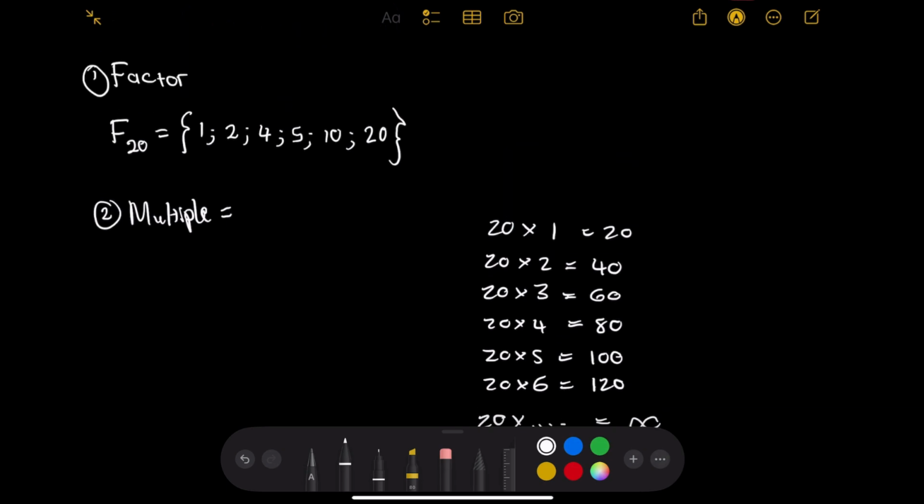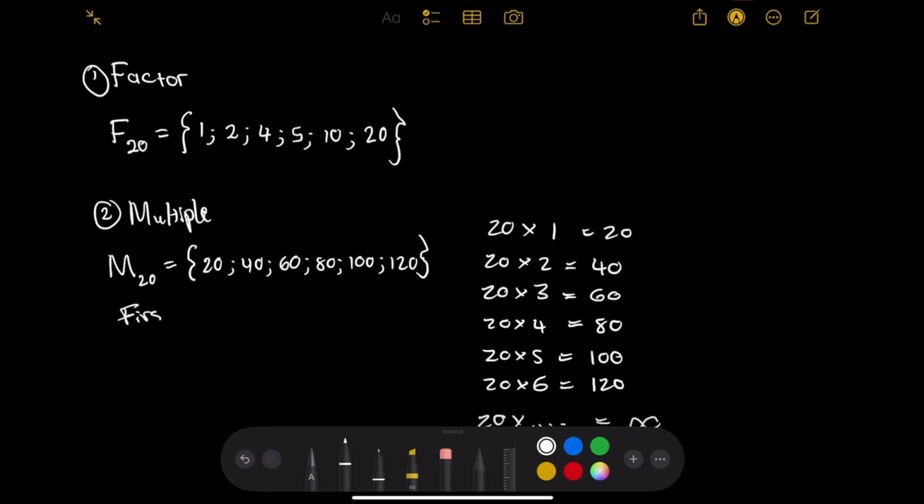So if they asked, please give me the first 6 multiples of the number 20, I would say the first 6 multiples of the number 20 would be 20, 40, 60, 80, 100, and 120.